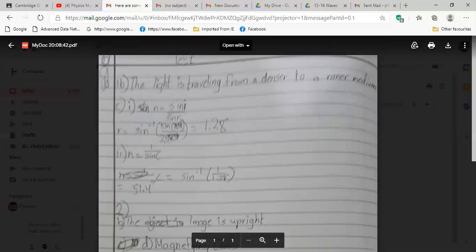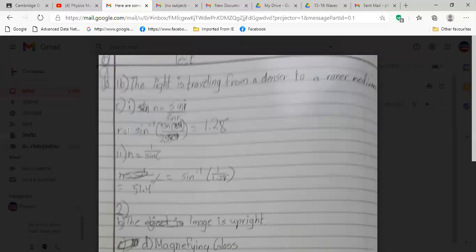We are not here going to find r. We are going to find n. Refractive index is our n. They did not ask you to find the angle of refraction, did they? No, sir. They asked you to find the refractive index. So the formula you wrote here should be sine r by sine i. Is it clear? Yes, sir.